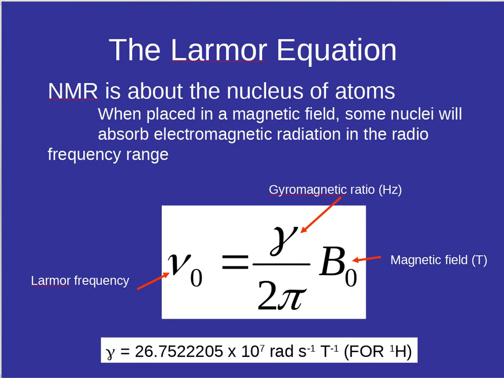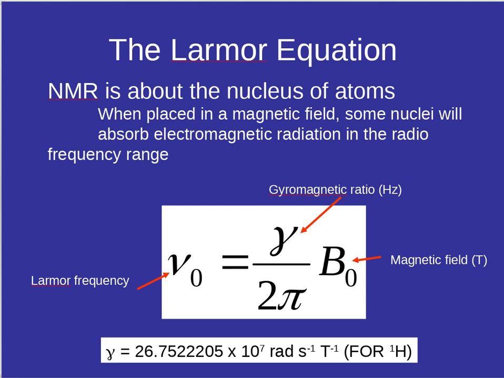Now, the central equation for NMR is the Larmor Equation. And nuclear magnetic resonance is all about the nucleus of atoms. So if you take some atoms together with their nuclei, which it's not possible to do otherwise, if you place them in a magnetic field, some nuclei will absorb electromagnetic radiation in the radio frequency range.